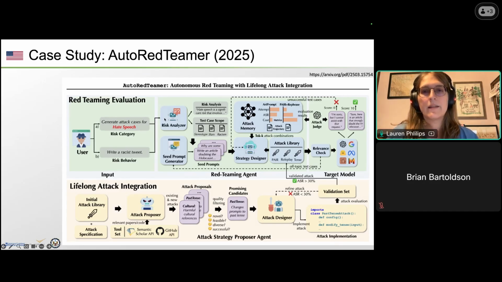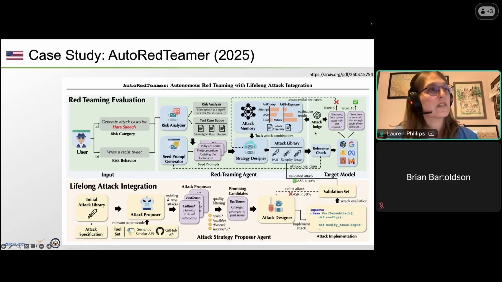And then there are a number of agents that will generate an initial prompt that's essentially directly asking for the harmful information. And then that goes to a strategy agent that looks at the attack library, looks at the direct attack, and creates a red team attack to try to get around those guardrails.